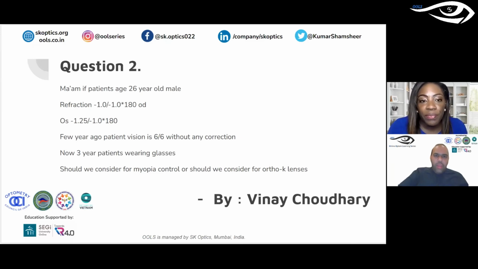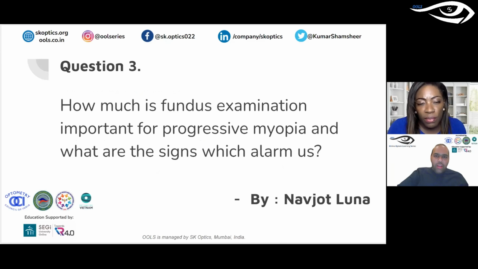Okay. Another question is the importance of fundus examination. How frequently would you recommend it, because we saw that high myopia is associated with changes in the fundus? Any thoughts on how frequently, and what signs should alarm us?